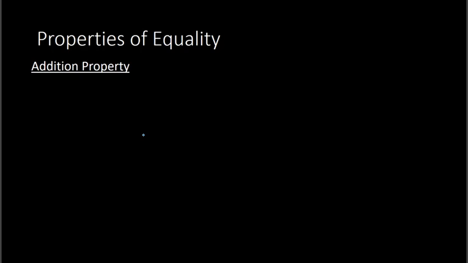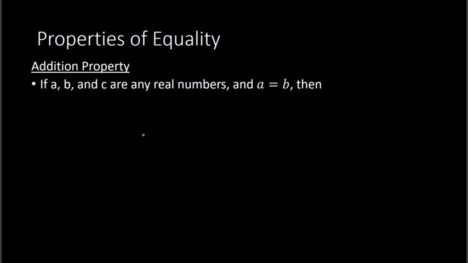So we have the addition property, as we just stated, which says we can add the same thing to both sides. So this is, in mathematical notation, the same thing that we just discussed. So if you're given a and b and c as being any real number, and a is equal to b, then I can add anything to both sides.